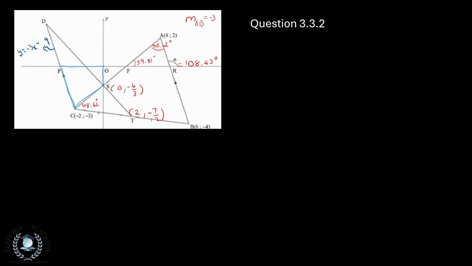Alright, so I'm going to draw it here on the side and just see if we can figure out something. This is not going to be to scale. Alright, so we have P there, we have O there, and we have S there, and we have C. Alright, so I'm going to divide it like this.